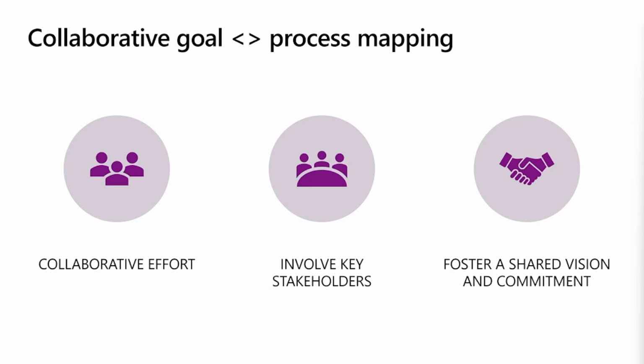When we involve key stakeholders from the different lines of business, departments, divisions, regions, however your organization is organized, then we have the business stakeholders who understand your business processes, and this fosters a shared vision and commitment to those project goals because they understand the goals and objectives and they're helping to deliver those. They also understand how the processes impact the ability to meet those goals and objectives.